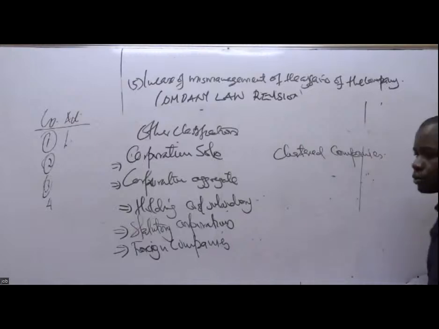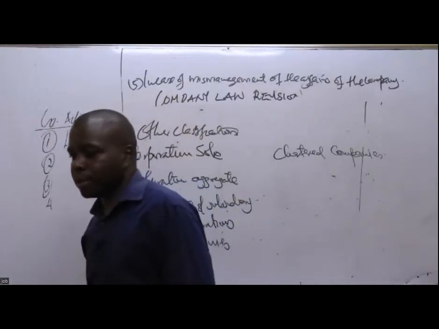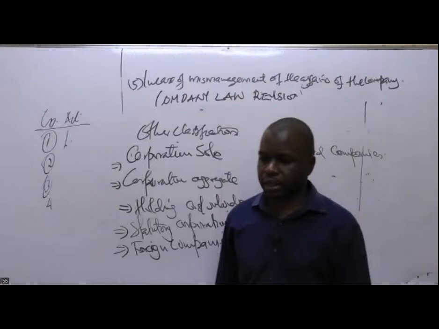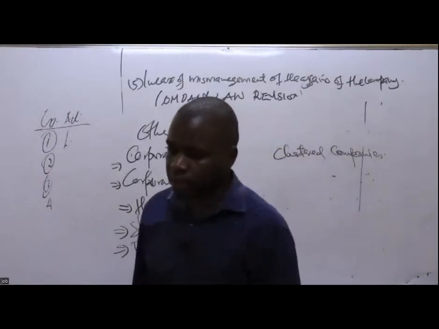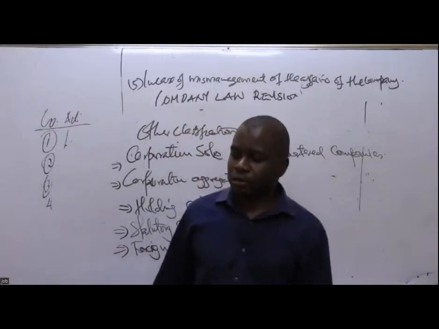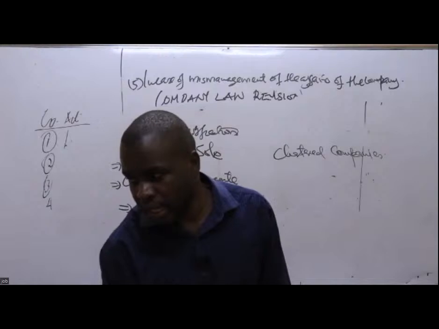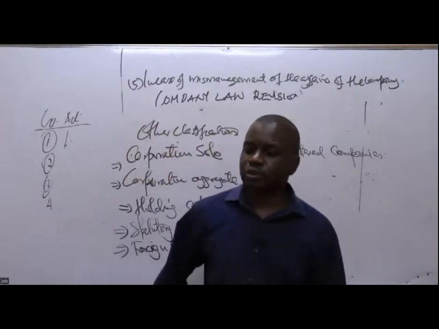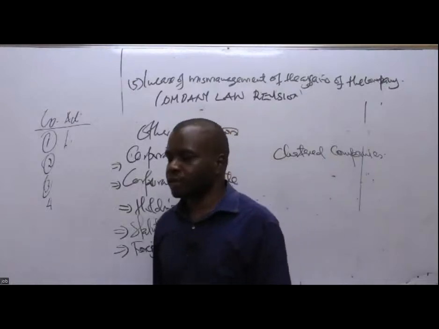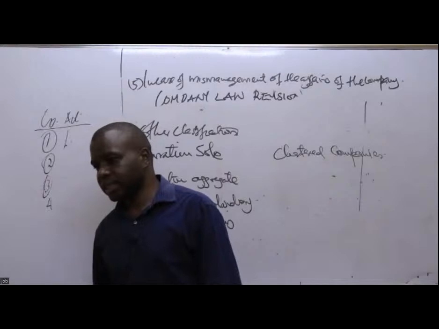So corporation sole, you can remember very well, like we said that a corporation sole is a type of corporation whereby it is a form of independent office that is normally held by a sole person, and there is what we call succession in the office.